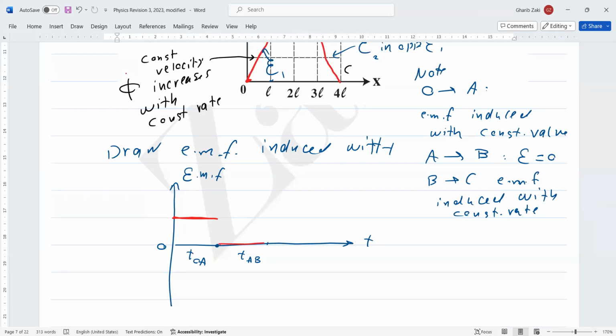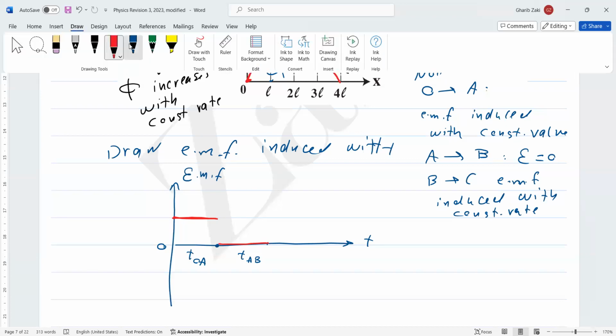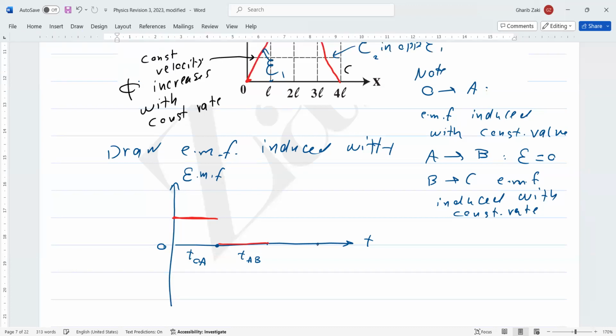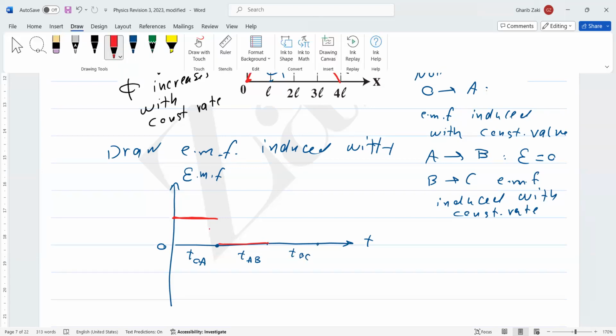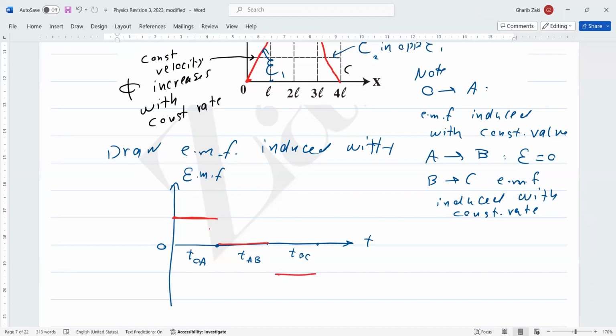The last part is from B to C. This is the time from B to C. The EMF is induced, but in the opposite direction, so it's down here. You understand the graph? This is the graph of induced EMF for that figure.